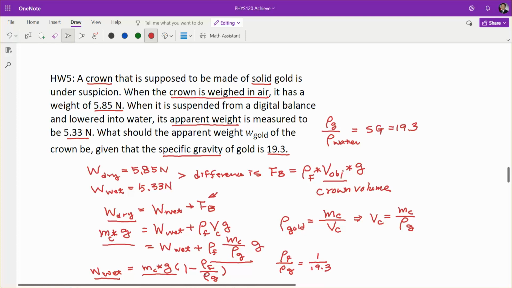So you find the specific gravity and see if it is equal to 19.3. If it's not, that means this crown is not made of gold. It's made of other material. That's how we determine whether this gold is true or not.